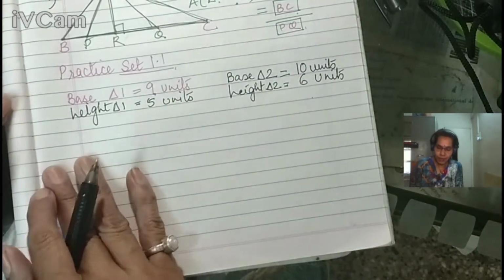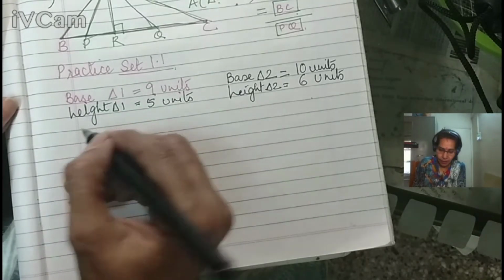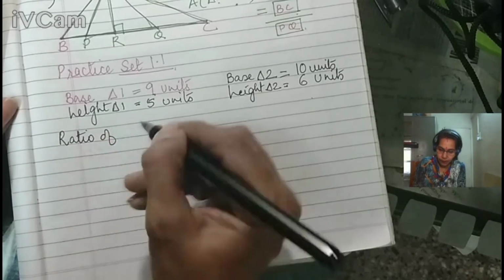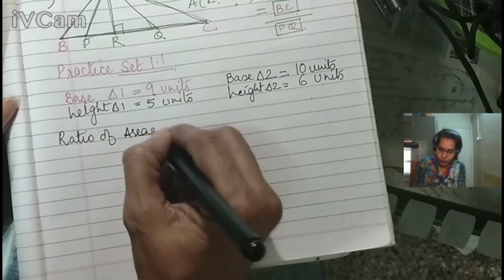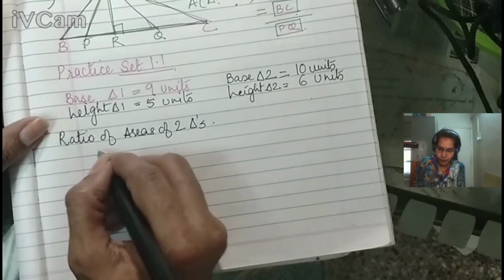We are supposed to calculate the ratio of the areas of two triangles.